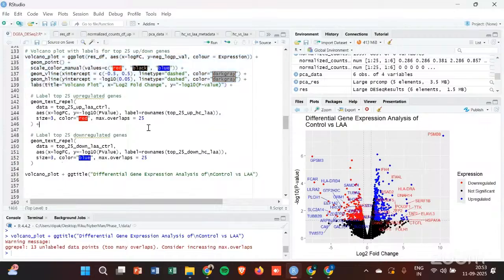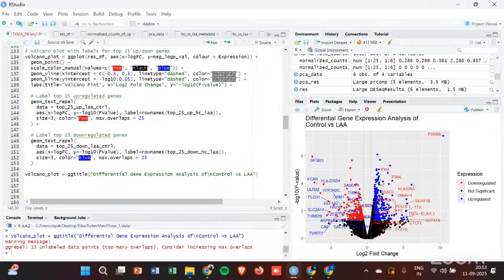Now when you run this part of the code, you put the labels on top of this volcano plot for the top 25 upregulated. If you see here, my aes definition is the same for both, right? X is log FC and Y is negative log P value, and my label I have just changed to top 25 up HC LA.